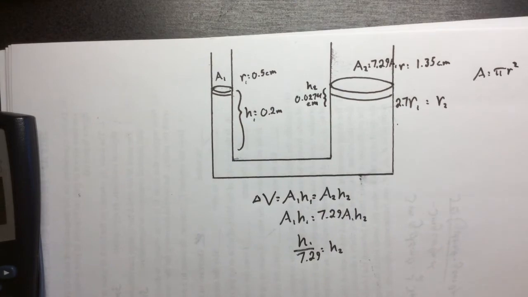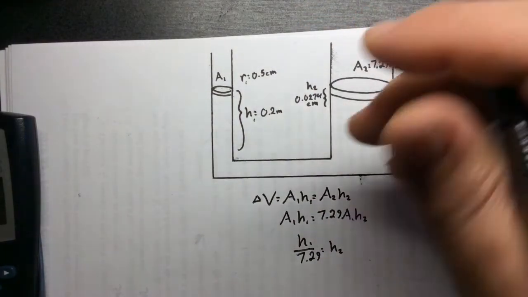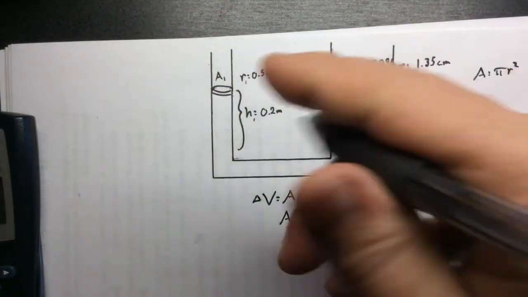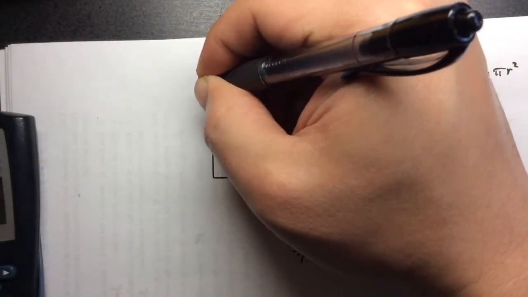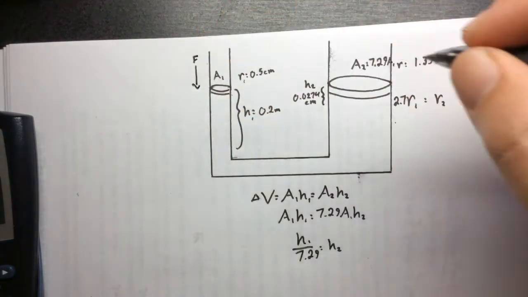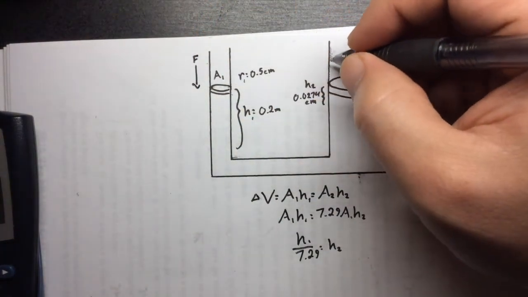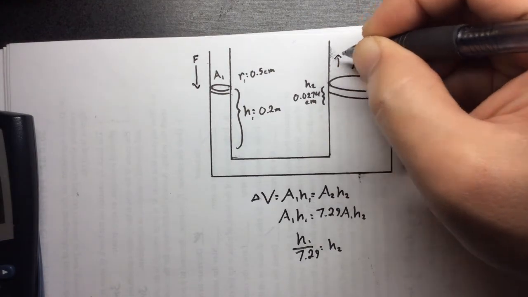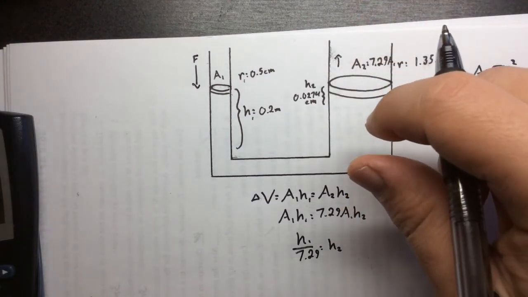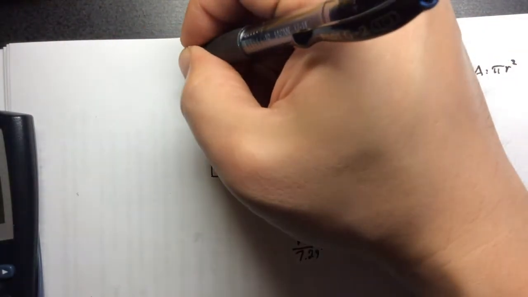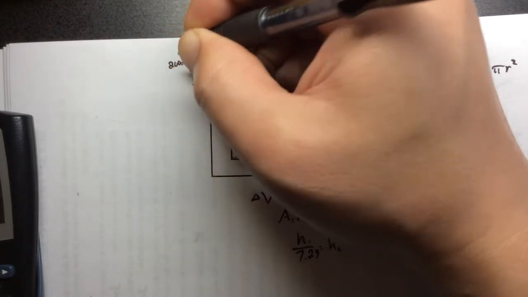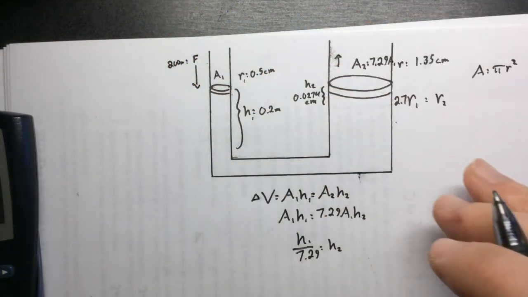So how does that really help us? Let's look at energy and forces. We know that the pressure on the left side should be equal to the pressure on the right side. And so let's just run a little example. If I apply a force to the left side, that would be equal to another force on the right side that would go the other way. So say 200 newtons of force that we're pushing down on the left side, what's going to happen to the right side?